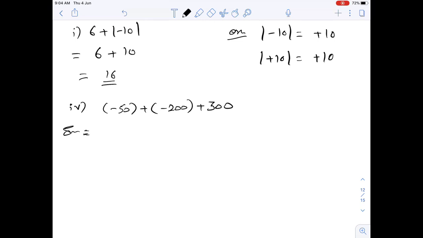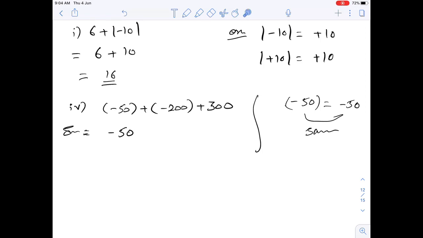Now in this condition what you have to do, keep this minus 50. Now remember one more thing: if there is a bracket before it and no sign is present before the bracket, this one we can write simply like this, minus 50. Both are the same. So now this minus 50 I am writing as minus 50.